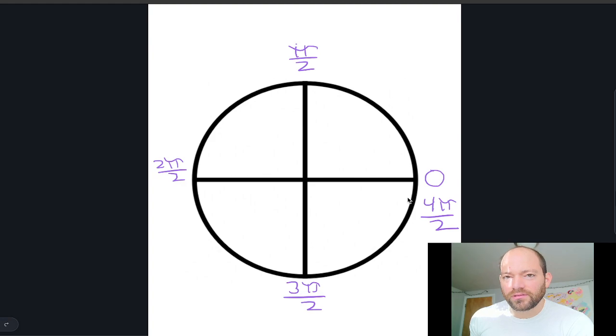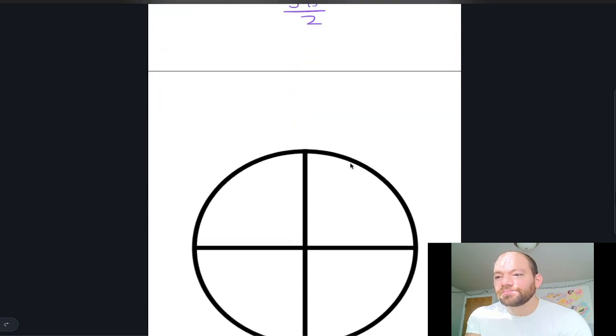Now, we don't usually express it like 2 pi over 2 and 4 pi over 2, right? Of course not. These are reduced. 2 pi over 2 is just equivalent to pi. 4 pi over 2 is just equivalent to 2 pi. So, you see where I'm going with this for now?